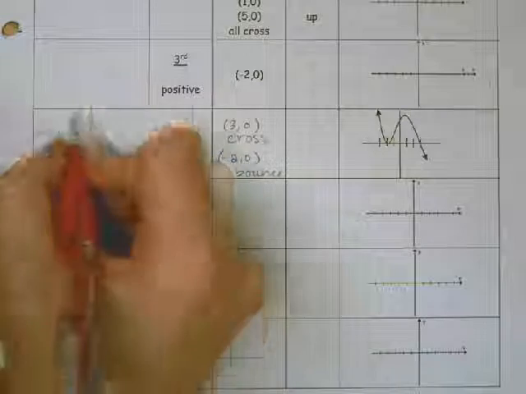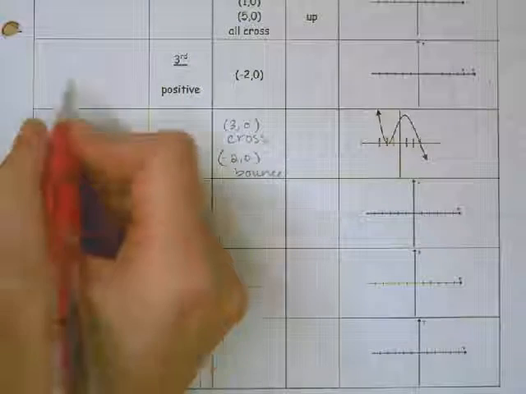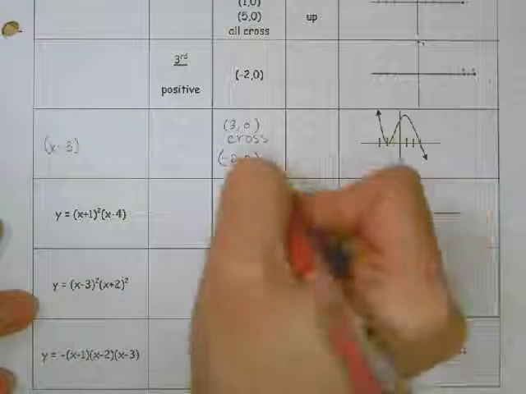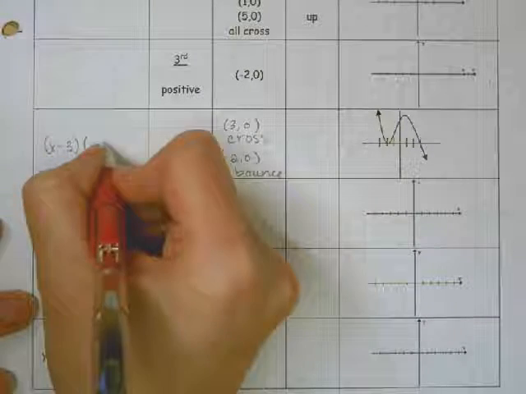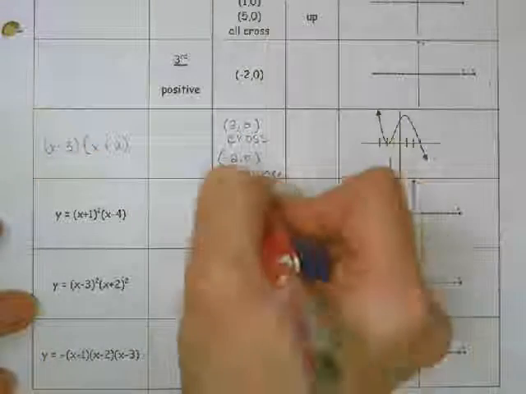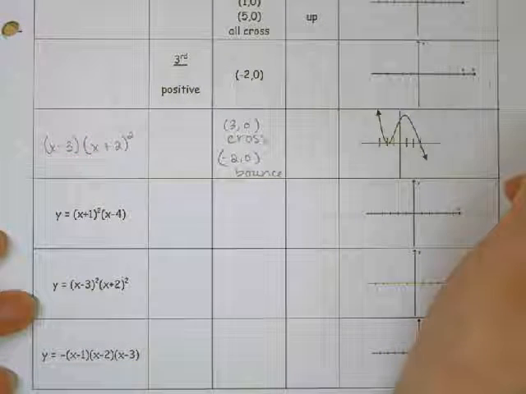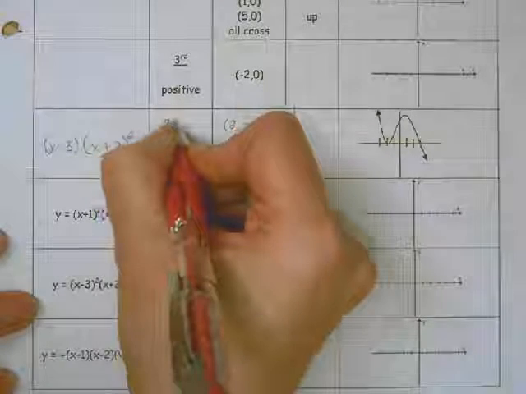Okay, so because we know those x-intercepts, or those roots, we also know the equation, or at least part of it. So we know that the factor for the root of 3 is x minus 3. Because it's crossing, we have no exponent. And for the -2, it's x plus 2. And it's going to be squared, or to some even power, because it's bouncing. We also know this is going to be a 3rd degree polynomial.